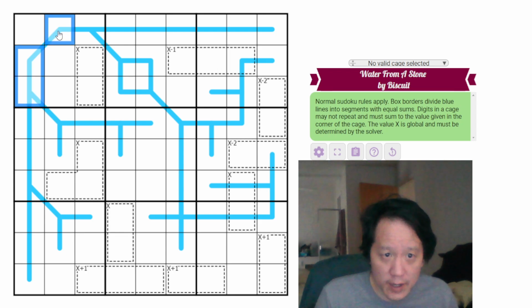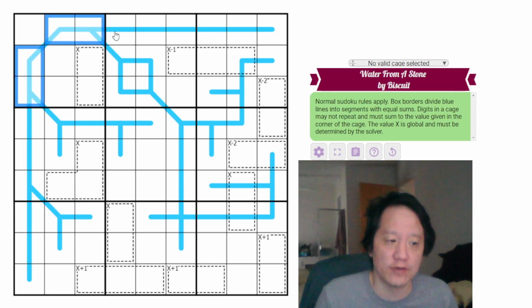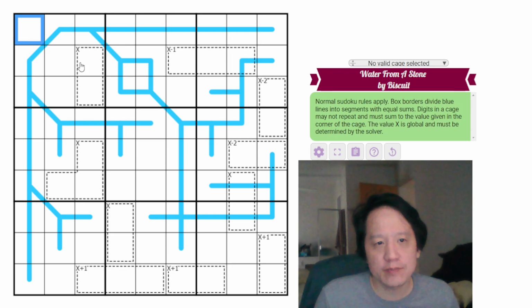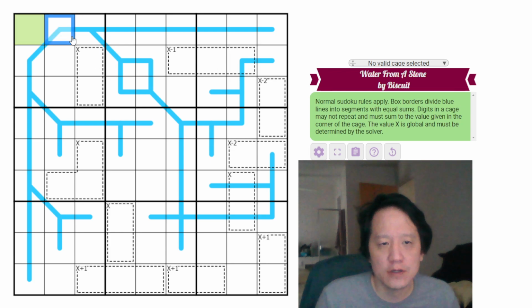So y must be even. Why must y be even? This value specifically has to add up with these to make 45.